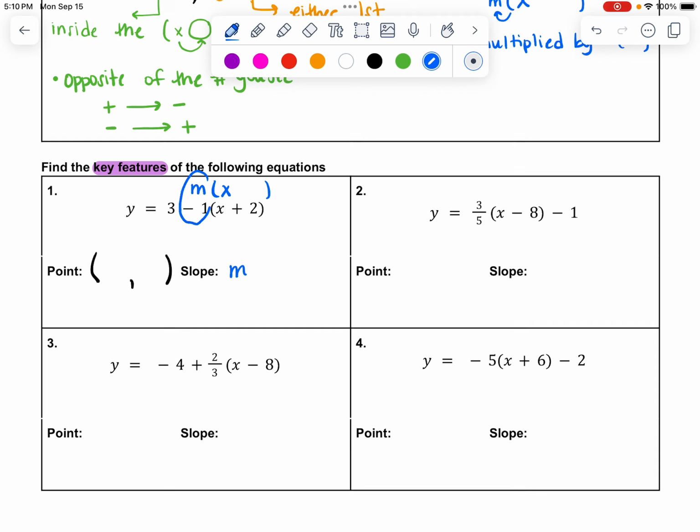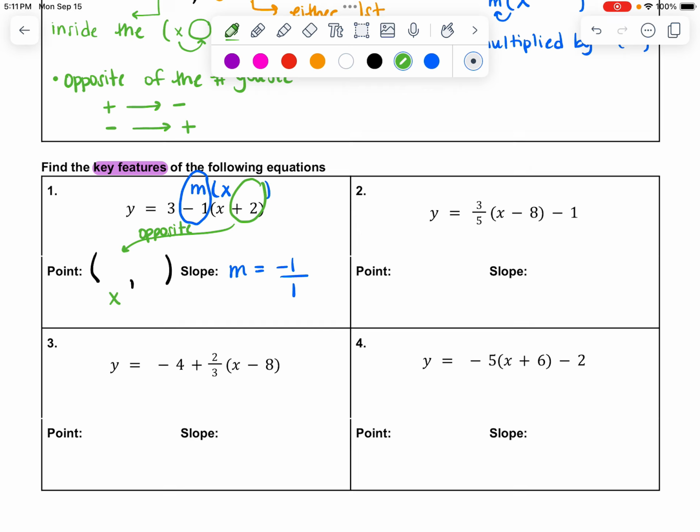So in this problem, my slope is -1, and I'm going to write -1 over 1 to remind myself that slope is a fraction. The next number I'm going to look for is the x value. Now the x value is going to be inside of the parentheses. But remember, the x value is always the opposite of the number that you see.